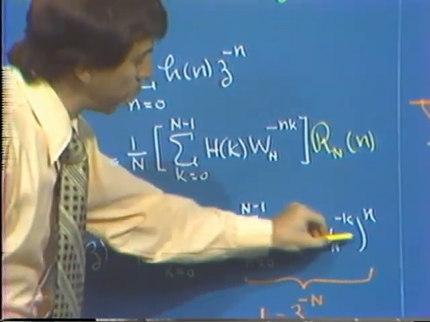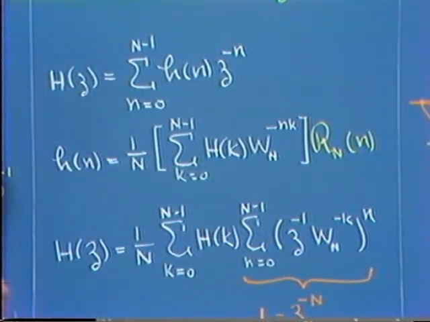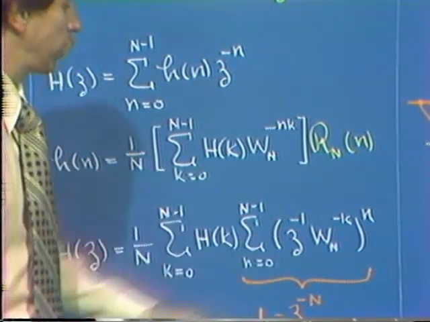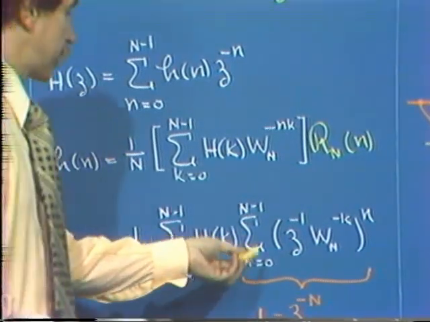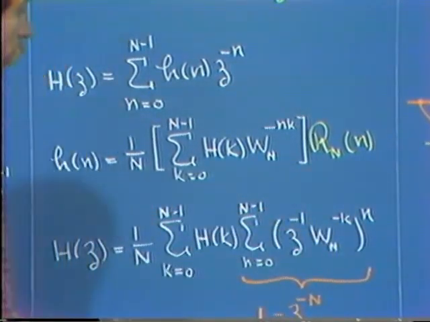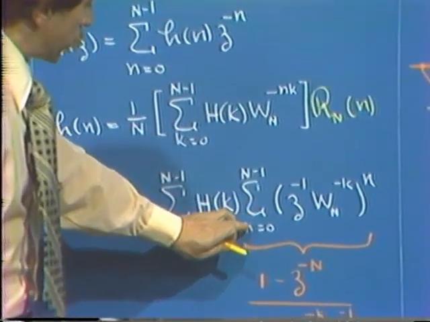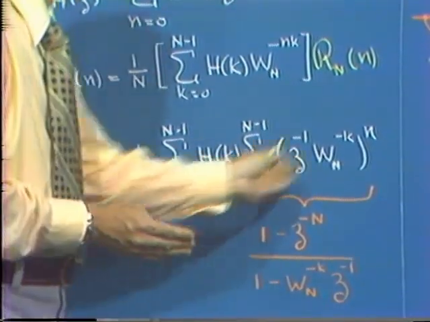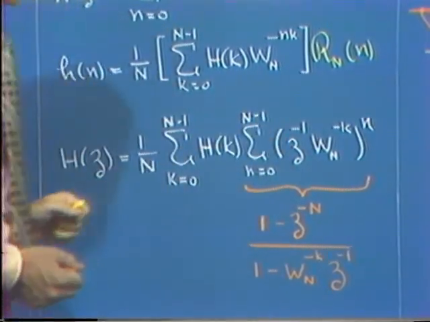Well, this is the kind of summation that we've been carrying out again and again, particularly in talking about finite length sequences. And hopefully this is another kind of summation that by now you carry around in your hip pocket. It's the sum from 0 to capital N minus 1 of something of the form alpha to the n, where the alpha happens to be that.